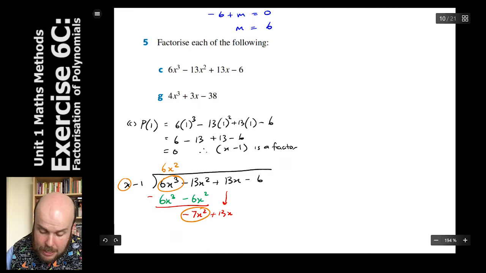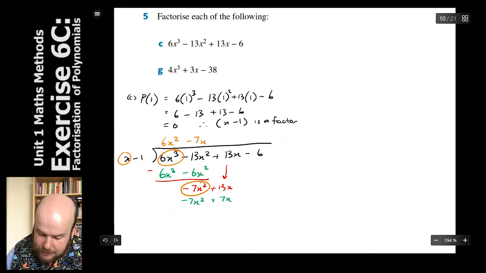Negative 7x squared divided by x is going to make that negative 7x. Negative 7x times x is going to make that negative 7x squared. Negative 7x times negative 1 is positive 7x.